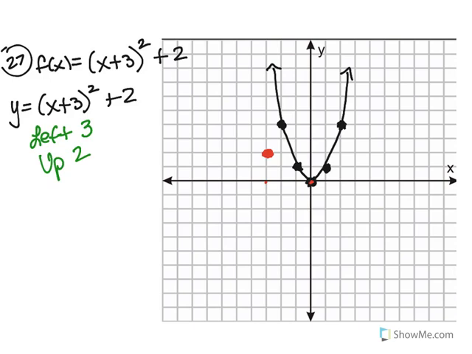Left 3, up 2. And then I will connect. And that's where my squaring function translates to.